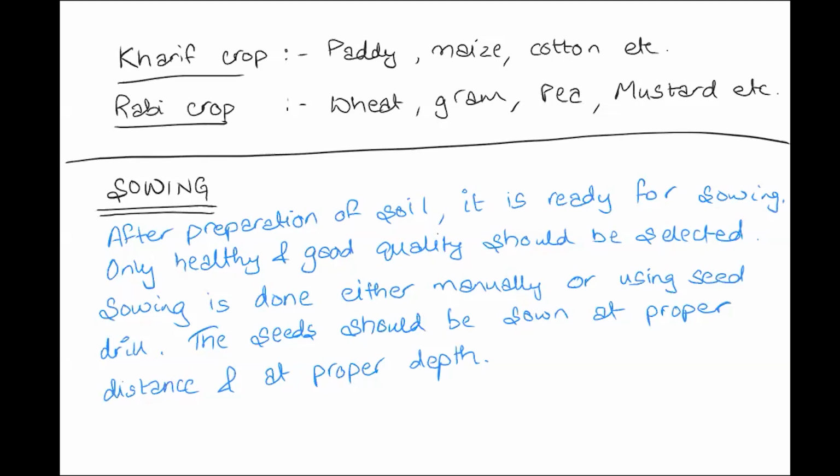Only healthy and good quality seeds should be selected, and sowing is done either manually or using a seed drill, and the seeds should be sown at a proper distance and at proper depth. So this is all about sowing.